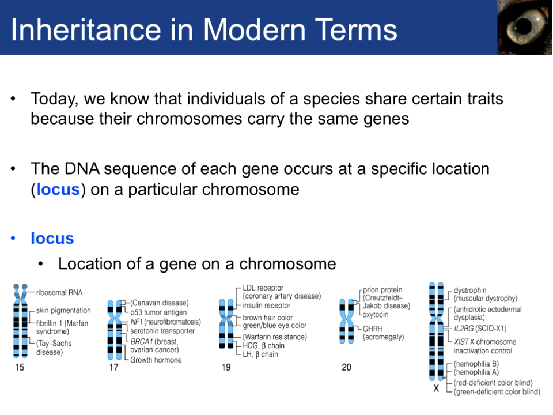So for instance, all humans carry the gene for skin pigmentation on chromosome 15, and the gene for an LDL receptor, the bad fat or bad cholesterol, which is what's involved with heart disease, is at a specific location on chromosome 19. So again, the locus of a gene is a specific location on a particular chromosome.